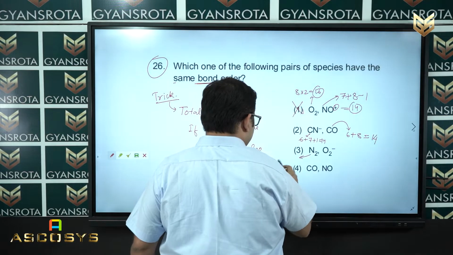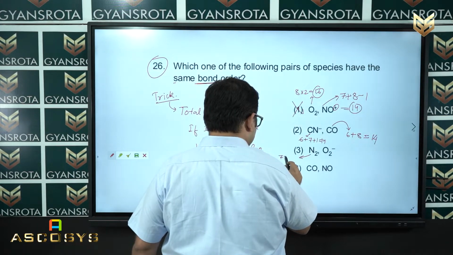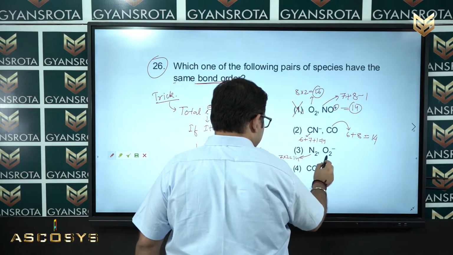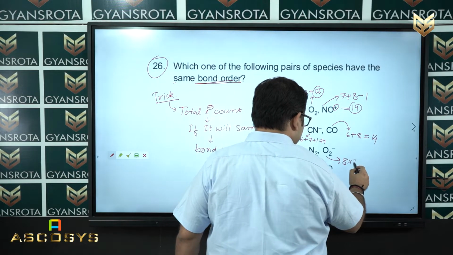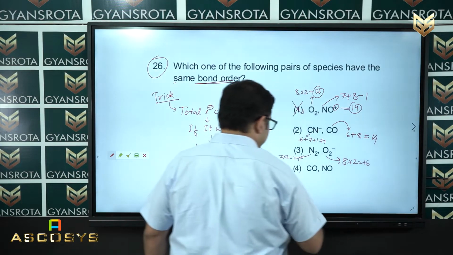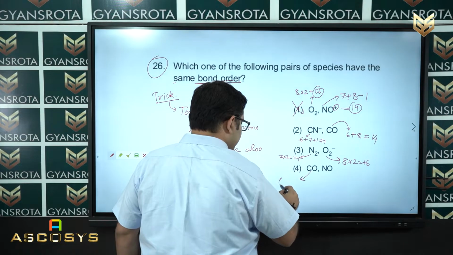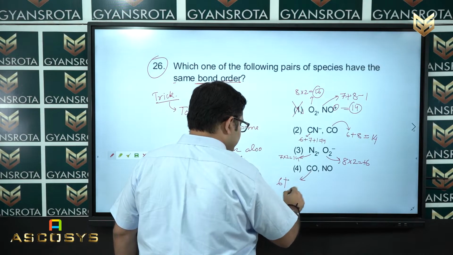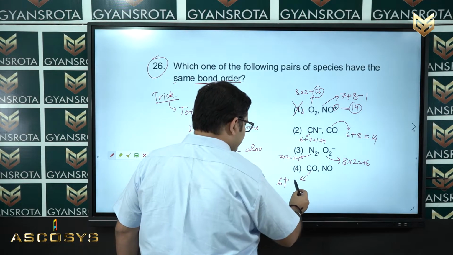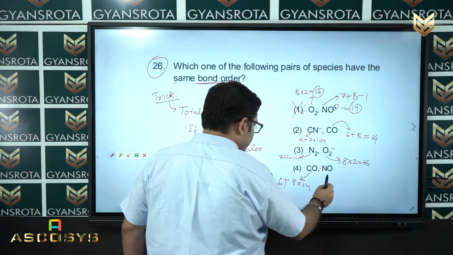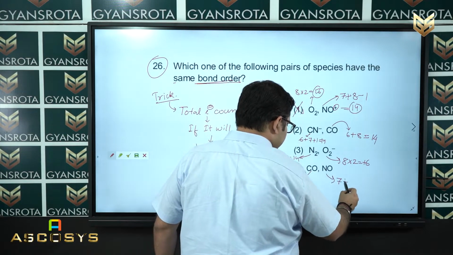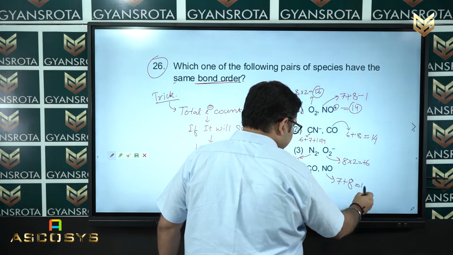For nitrogen it is 7 into 2, that is 14, for oxygen 8 into 2, that is 16. For this one carbon is 6 plus oxygen 8, so it is 14, nitrogen 7 plus 8 and it is 15.